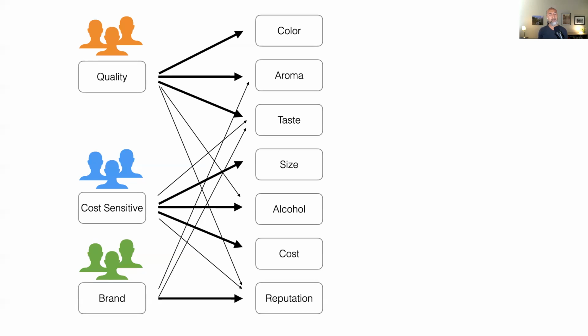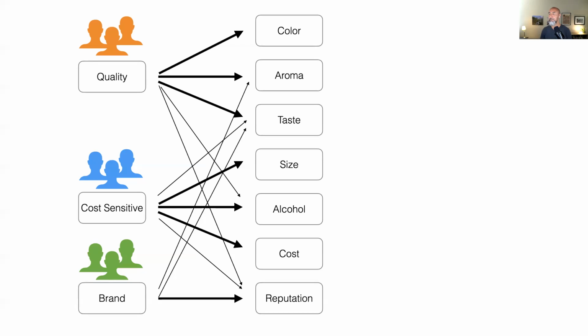I'm not sure alcohol should be considered as cost, but maybe less money to get higher alcohol. That's kind of crazy. But size, alcohol, cost, maybe they care about the cost. And the last one, reputation. Basically they care about the brand, like a microbrewery that made this one last year, that kind of stuff. So they care about that.